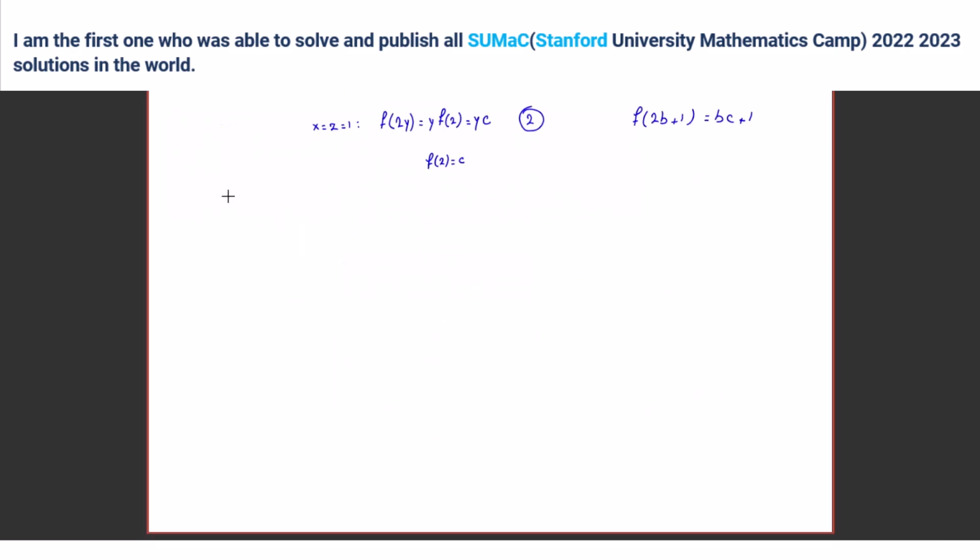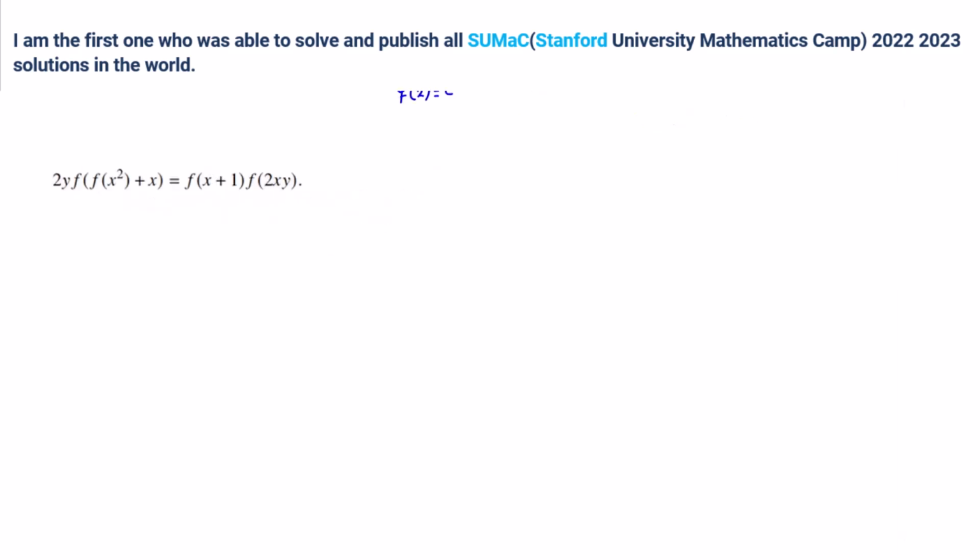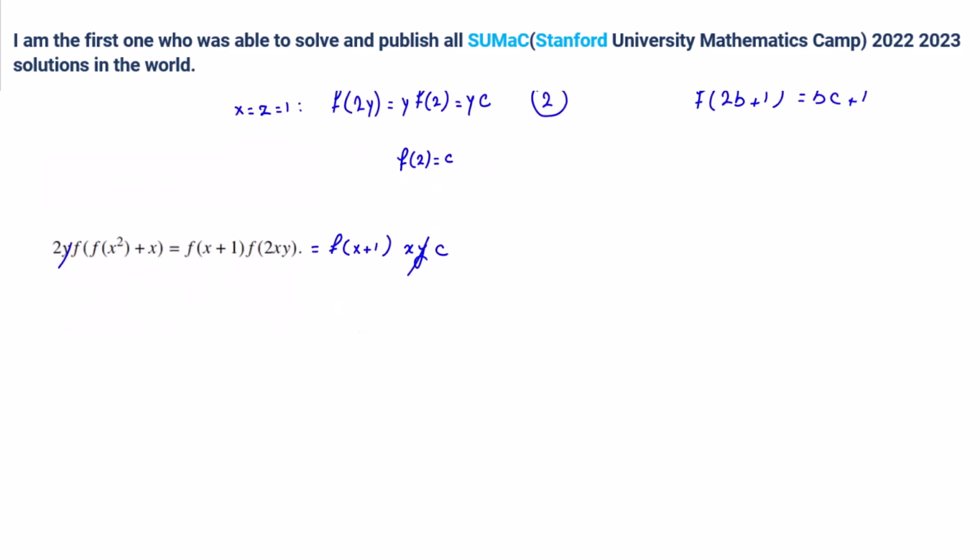Okay, so let's first simplify this. Here it is f of x plus 1 times xyc. So we can cancel y from both sides, and xc here we have. So 2f of x squared plus x is equal to f of x plus 1 times xc.